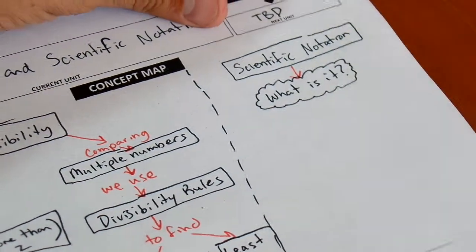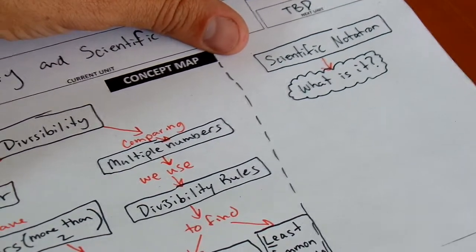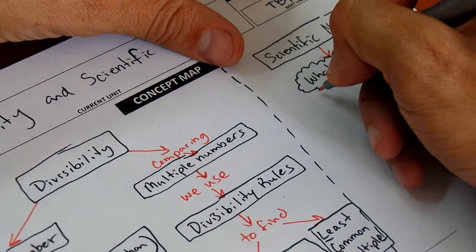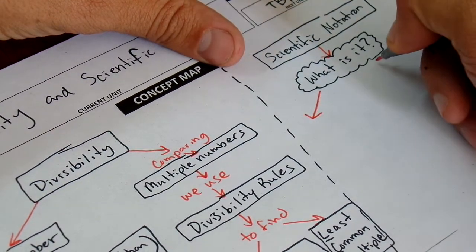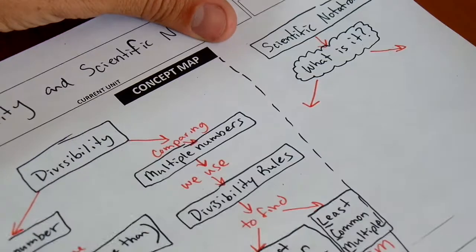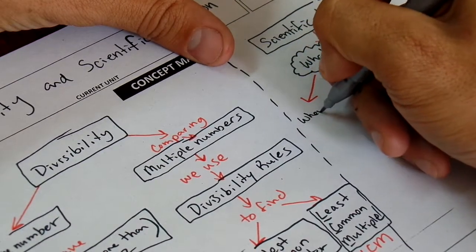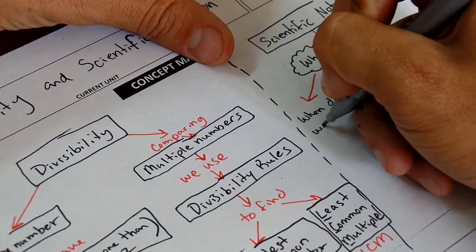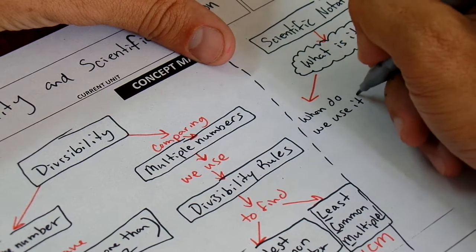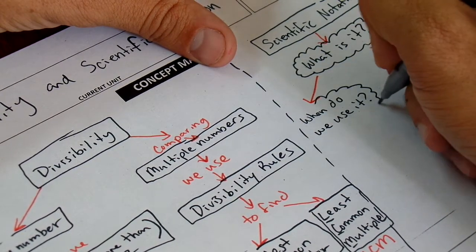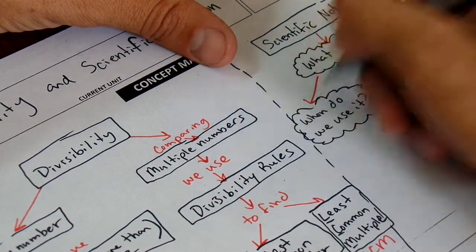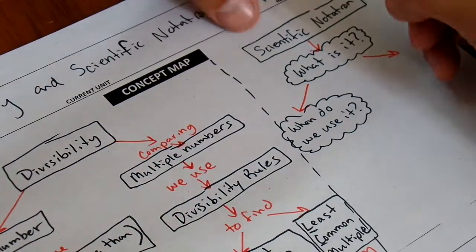I'm just going to put questions in a little cloud there. So after we know what it is, we can look at 2 things. When do we use it? That's a question, so I'm going to make a cloud. And how do we use it?